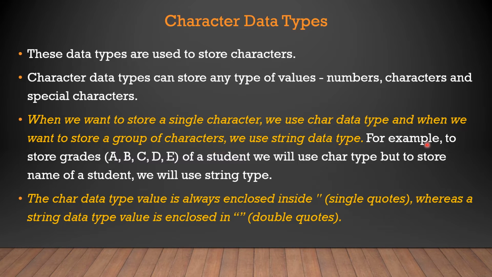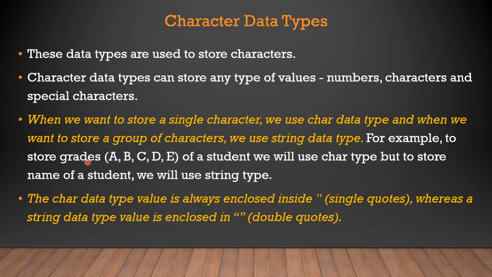For example, to store grades A, B, C, D, E of a student, we will use char type, but to store the name of a student, we will use string type. So basically in this example, we are talking about how to store the grades.